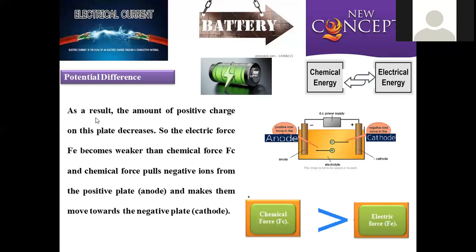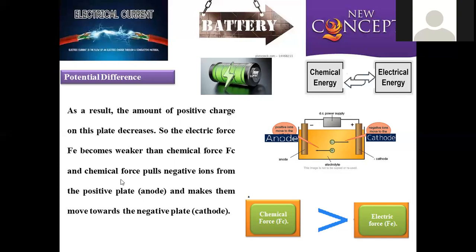Now, as a result, the amount of positive charge in the plate decreases, so the electrical force becomes weaker. When the electric force becomes weaker, chemical forces become stronger, so ions move. Movement of ions is possible, right? Chemical forces pull the negative charges and the positive charges from the positive plate and make them move towards the negative plate.